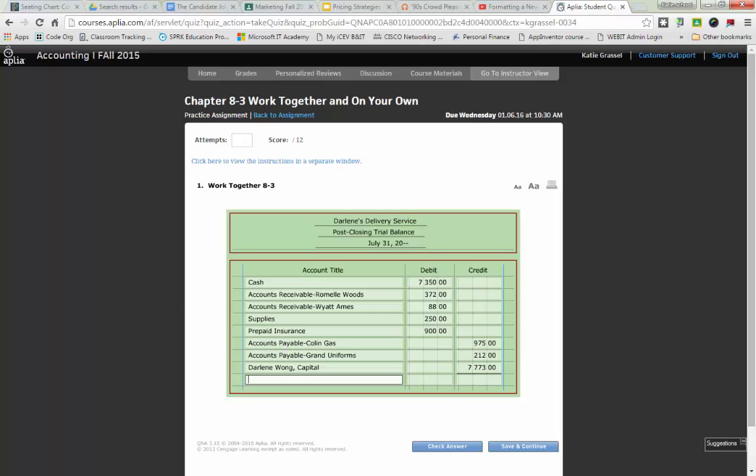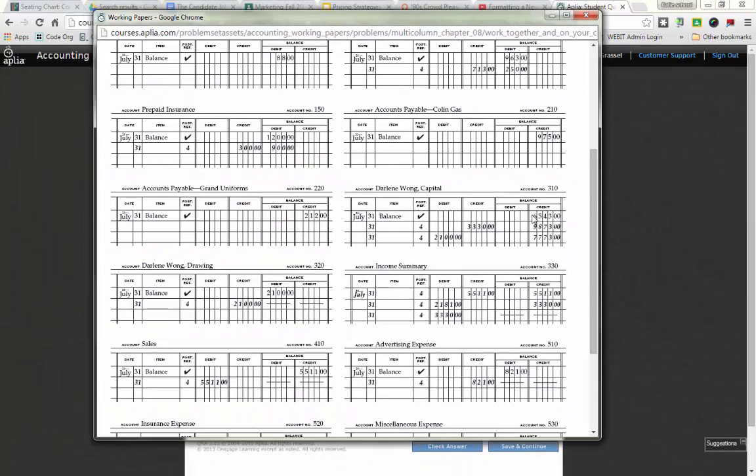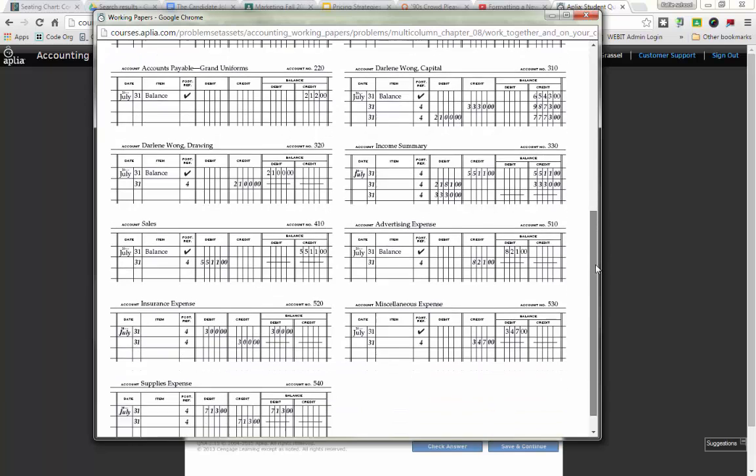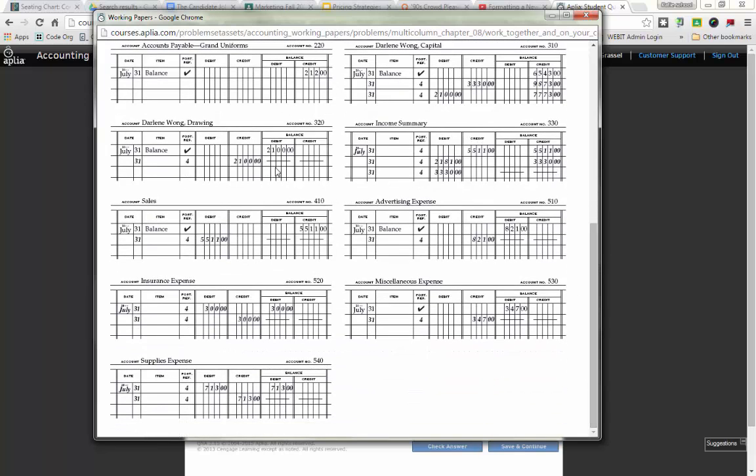Now, after I take a look at Darlene Wong Capital, when I look at all of the rest of my accounts, you will notice what is in the balance. Zeros, right? But they didn't do zeros. Basically, there are dashes through here to indicate that the account is closed and there's no balance. So any ones with the dashes don't need to be included. And those, again, are all of our temporary accounts.